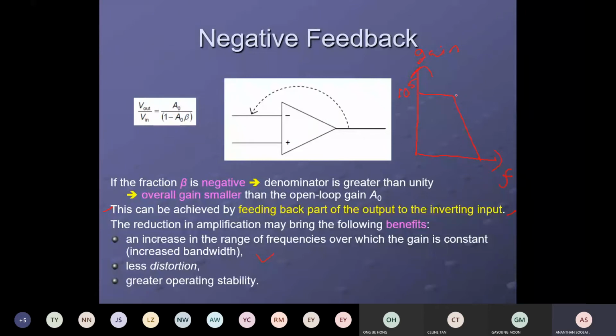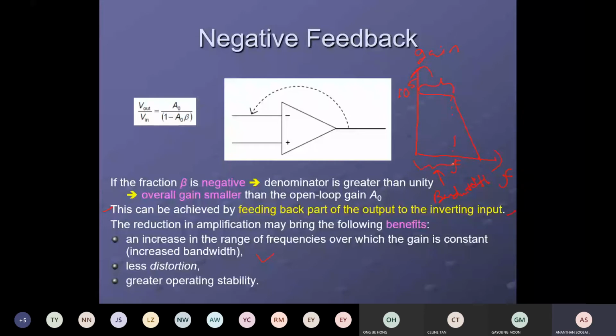This graph is fixed. The flat line, the frequency up to here, is called the bandwidth. What is bandwidth?